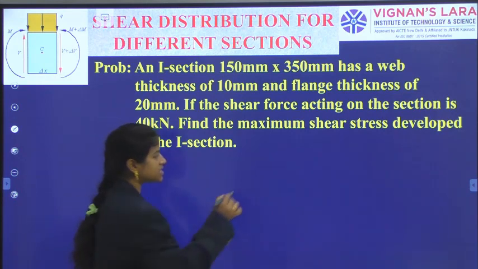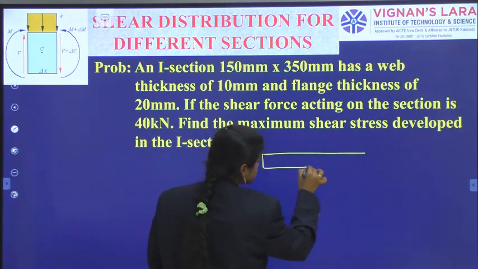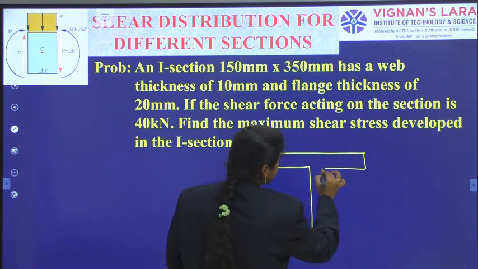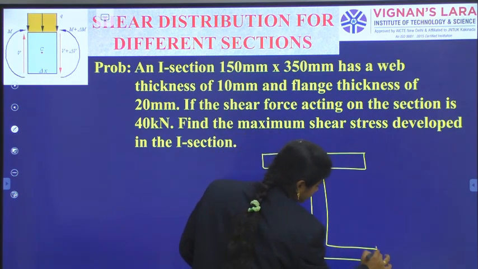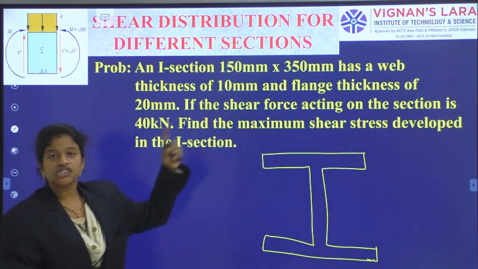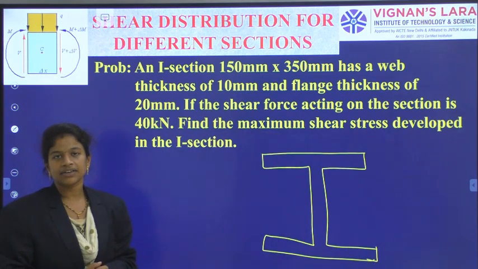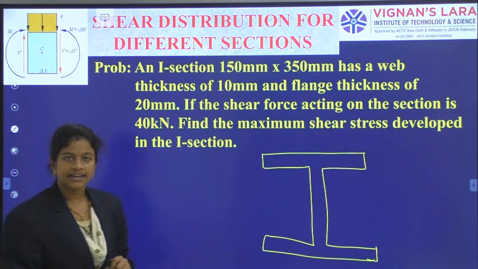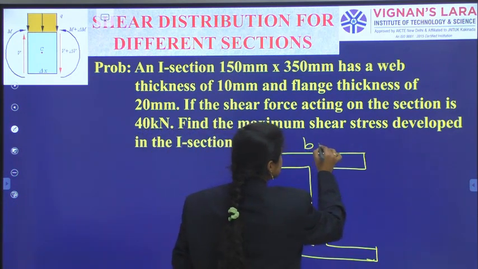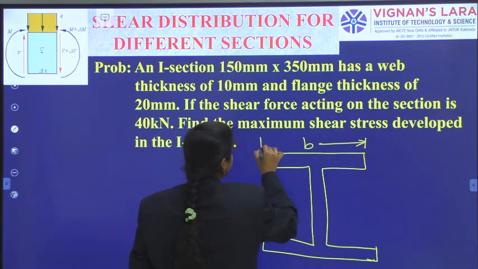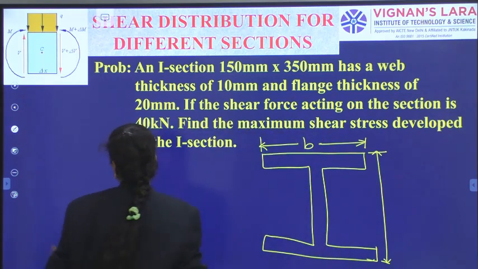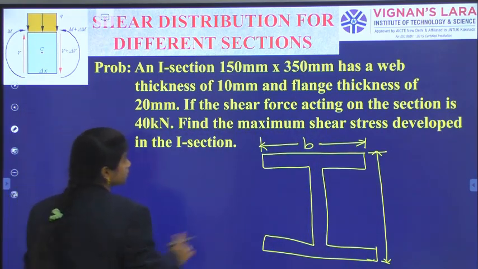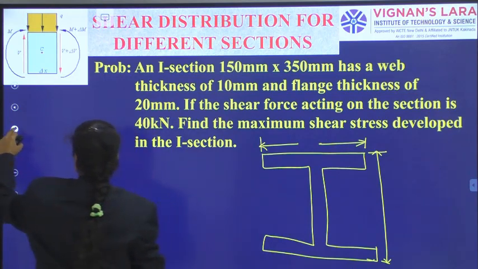They have mentioned there is an I section shape, and in that I section they have given two dimensions, like a rectangle, B by D. B is the width of the beam and D is the whole depth of the beam. If you want, you can write it as capital B also.